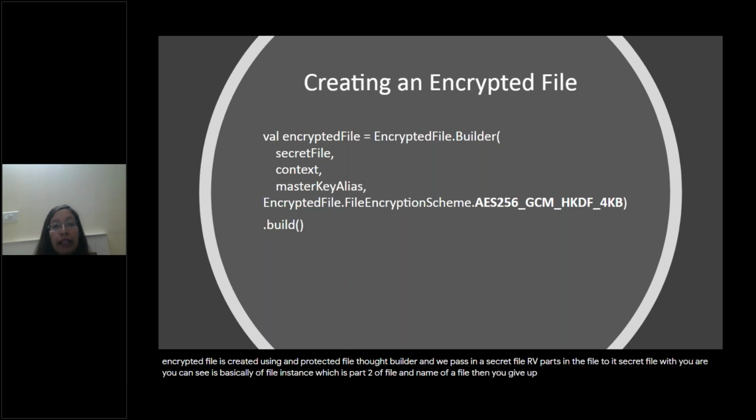Then you give a context, then you give a master key alias, and then you specify the encryption scheme. By default, the encryption scheme is AES 256 GCM HKDF, and then you build it. So this is how you create your encrypted file instance with a normal file.